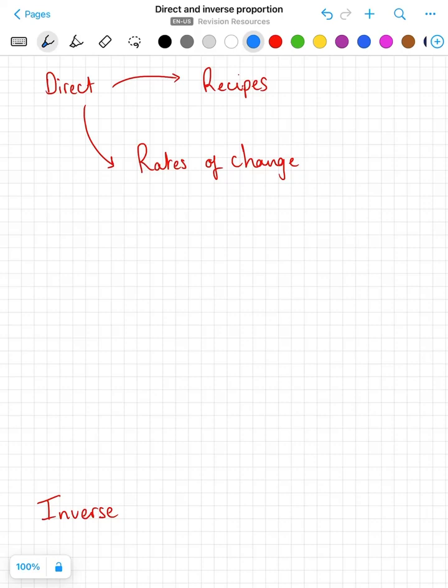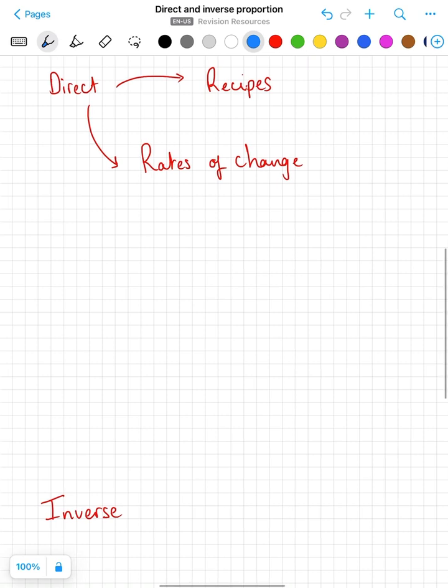Direct and inverse proportion. As an introduction to direct proportionality, a really common exam style question, especially on foundation papers, is those about recipes.